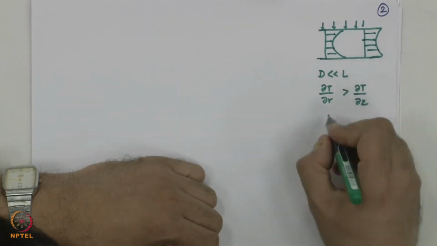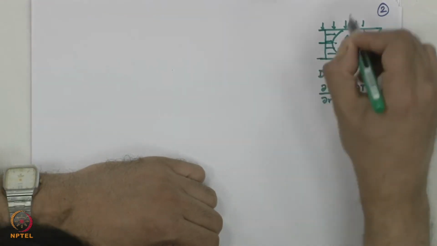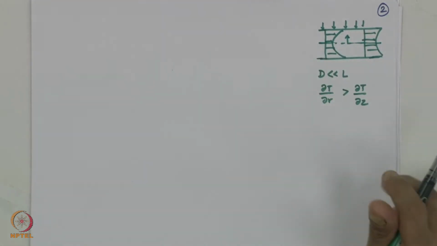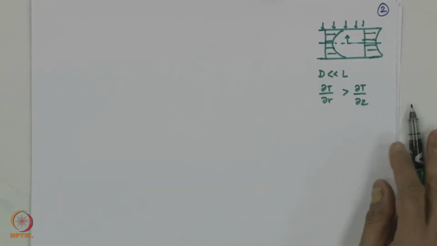is the same. The gradient in the radial direction, that is this direction, suppose the wall temperature is 90 degrees centigrade, core is 25 degrees centigrade, you will see a dt by dr where r is capital R would be about 75 degrees over a small radius, say your 1 inch diameter means R would be half inch.